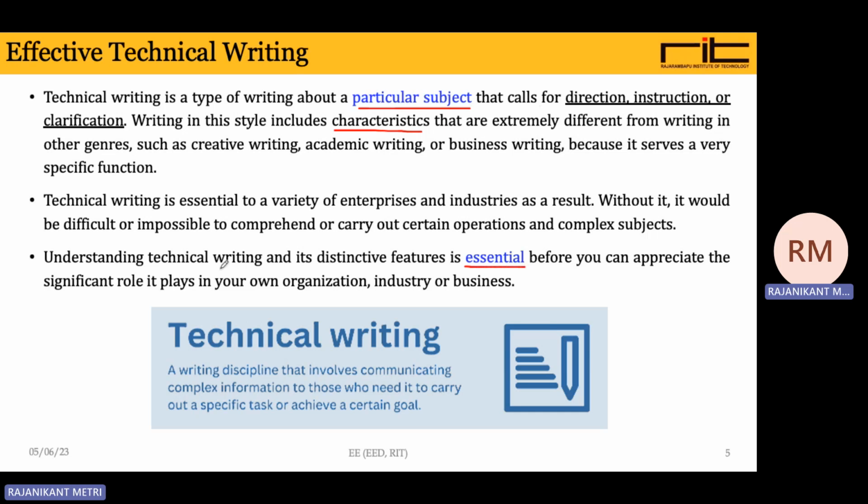So we need to understand what we mean by technical writing and its features, because when we are carrying out the research, maybe we are doing the post graduation or PhD work, this is very important. So before you start, you should appreciate or understand the significance of it, and then you need to carry on.